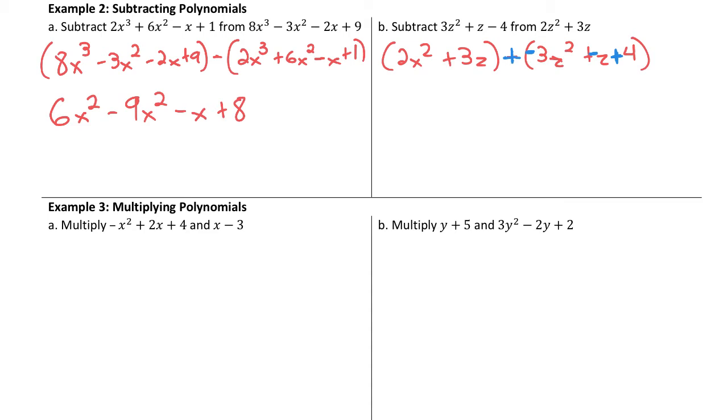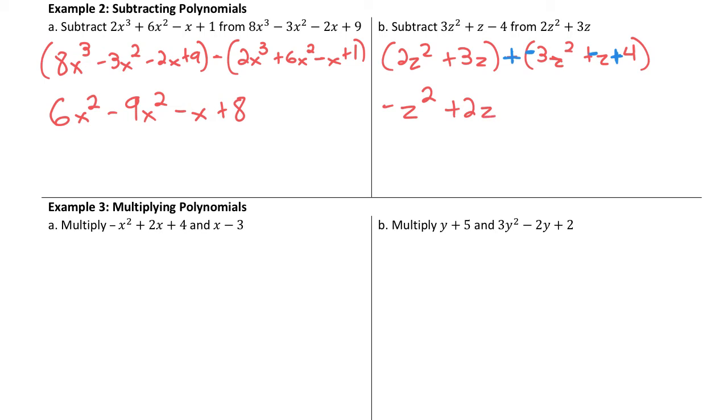So this becomes 2z squared plus negative 3z squared, which is negative, or why did I write x? I'm really sorry about that. That's a z, my bad. 2z squared plus negative 3z squared is negative z squared. 3z plus negative z is 2z.